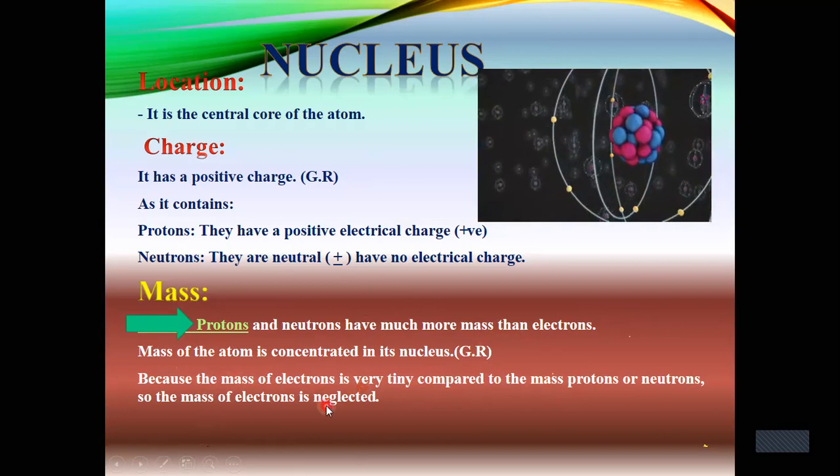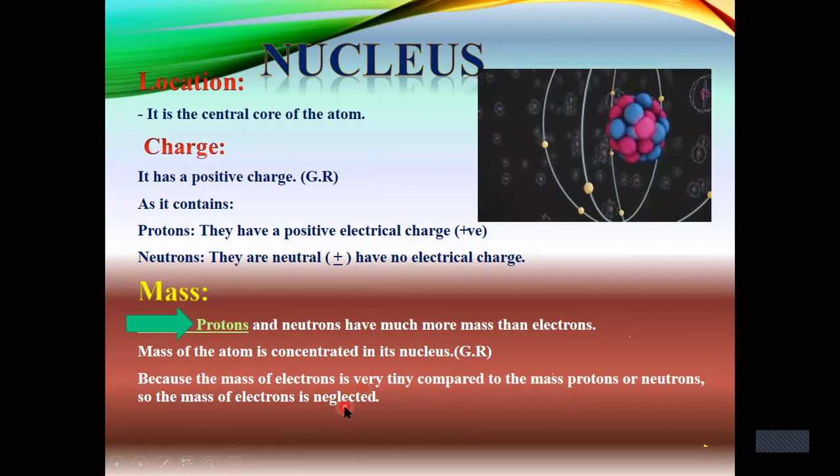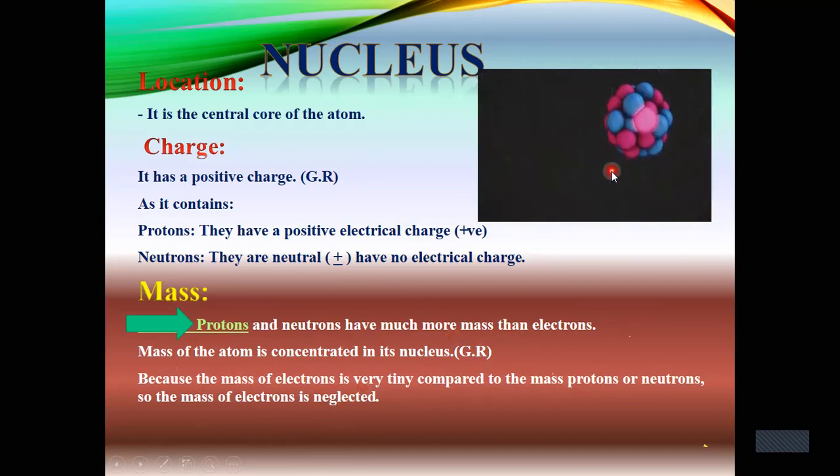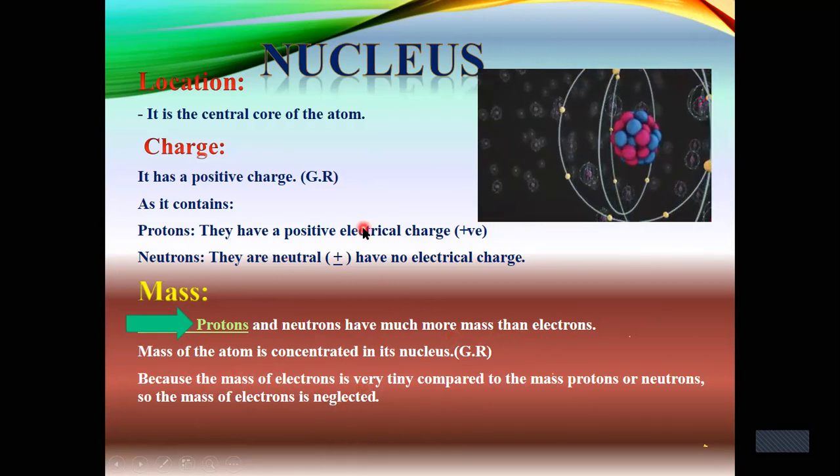So الماس of electron neglected يعني يهمل. 2 طن ومعاهم كيلو، طبعا فرق كبير جدا، مش حدش هيحس بالكيلو ده.